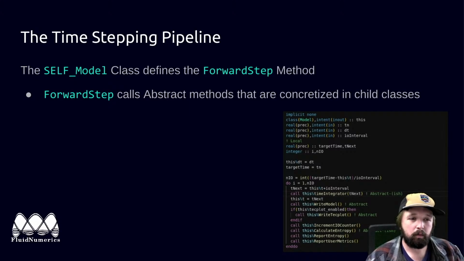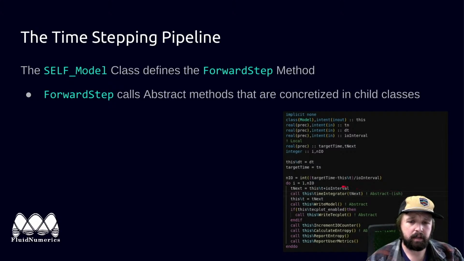The way that forward step works, at least in the model class, is it's set up to call a bunch of abstract methods that, when you define a child class, like the DG model 2D or the Euler class or linear shallow water, are then concretized, which is what really sets up what's needed to calculate the tendencies according to the PDE that you want to solve.